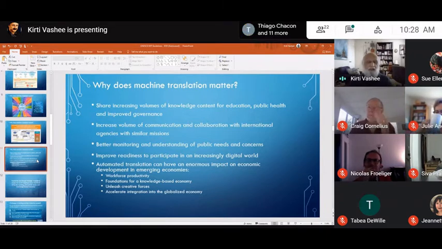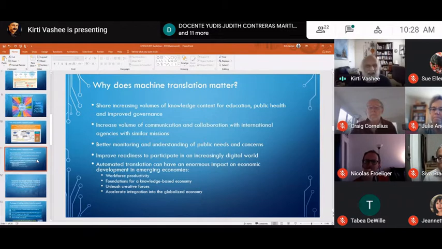And, so if a company, a population needs to be functional in those languages to be able to share in the educational content, the public health content, or even just, improved governance.